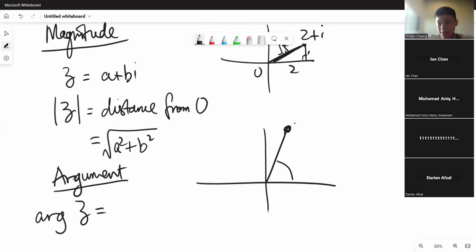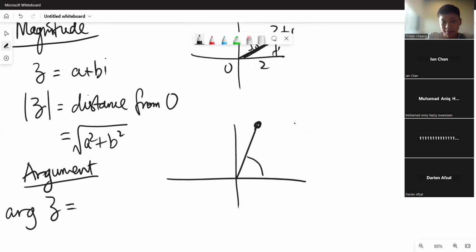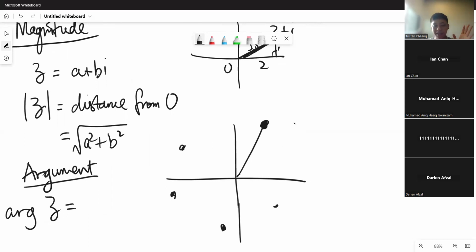It's a bit more subtle than that, because tangent inverse only gives you values from minus pi over 2 to pi over 2. So if a complex number is here, or here, or here, what I call the argument is the angle calculated in this direction from the positive x-axis. And if it's on the other way, I can do it as a negative angle.